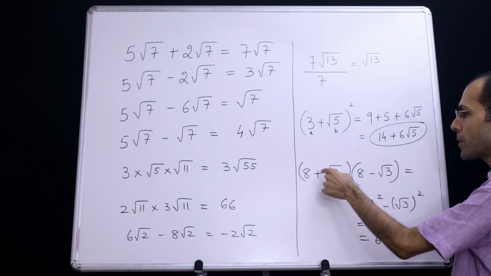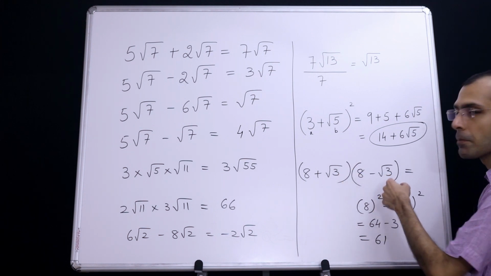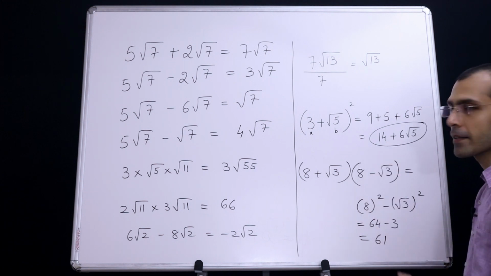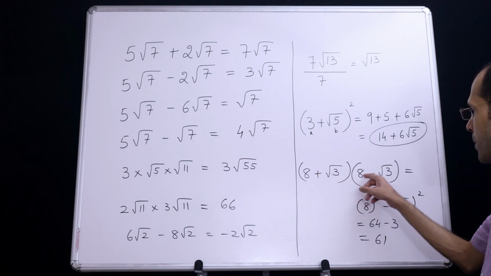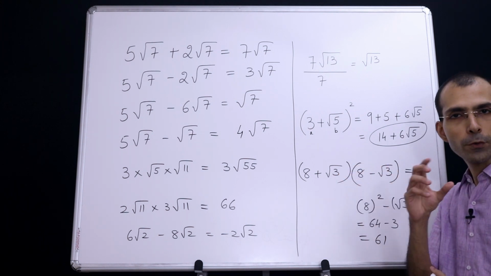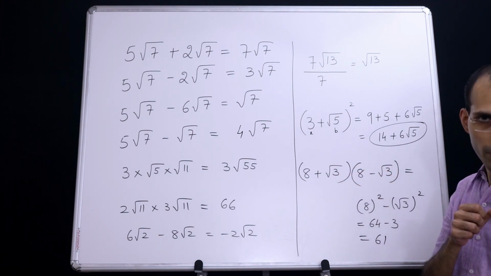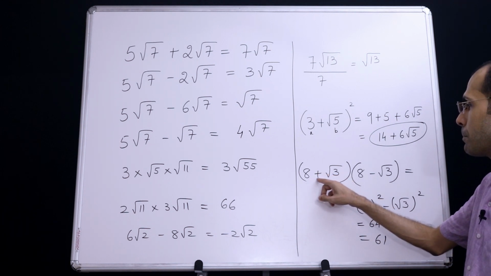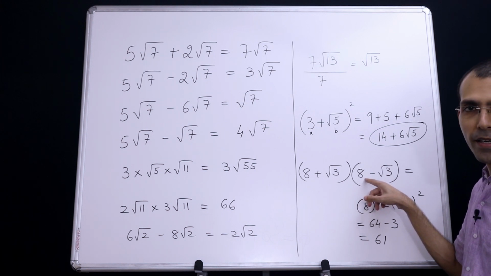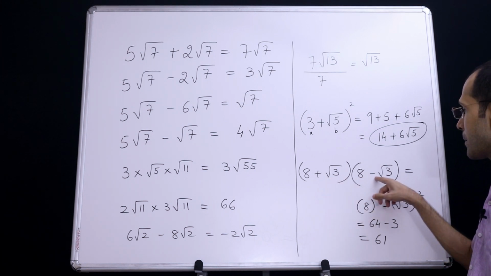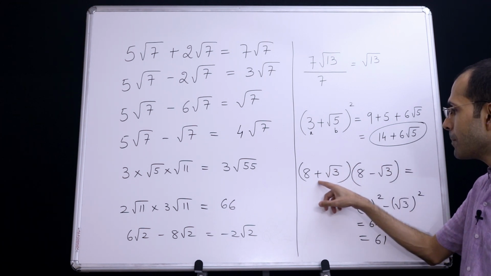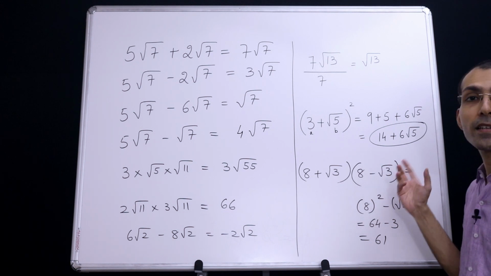Okay. 8 plus root 3 into 8 minus root 3. This you can very well do by opening the brackets, this with this, this with this. But if you recognize the pattern, it will save some of your time. This is a plus b and 8 is repeating again. So 8 can be called a here also. Plus became minus. If this is b, this is also b. Both are the same terms. So it is a plus b into a minus b.